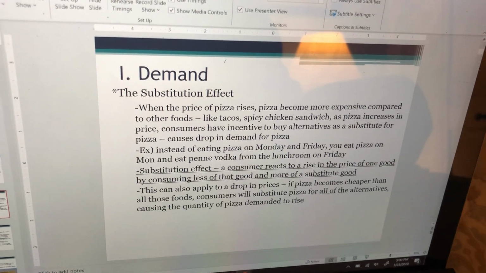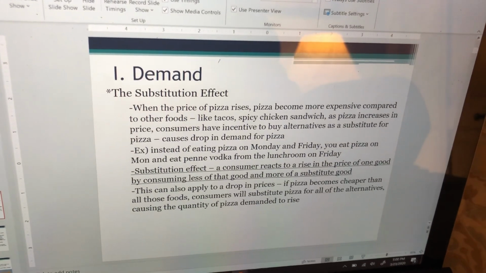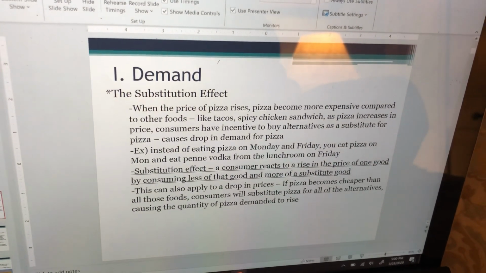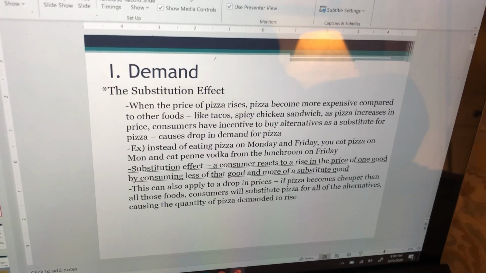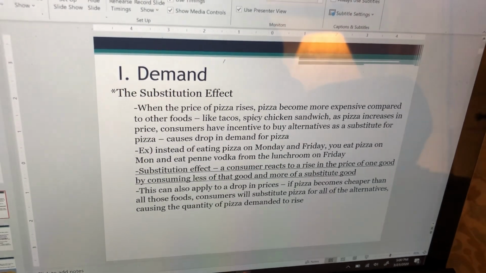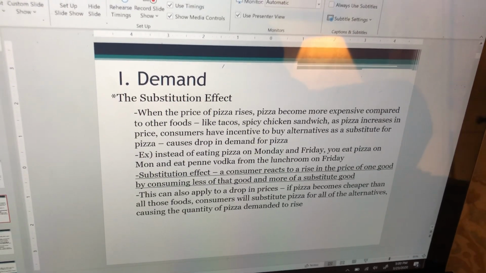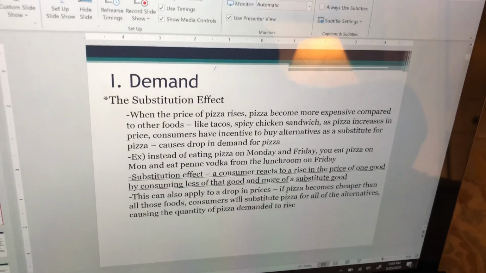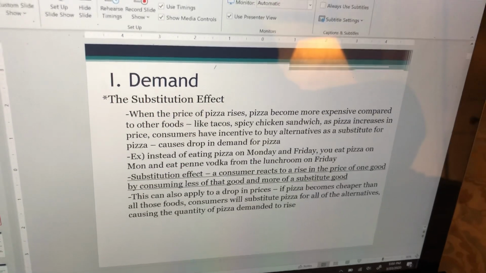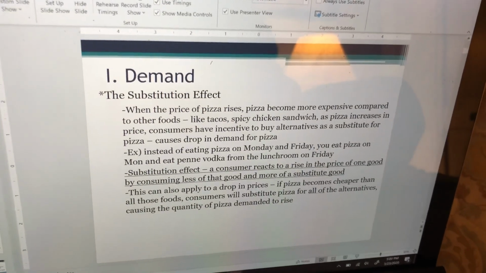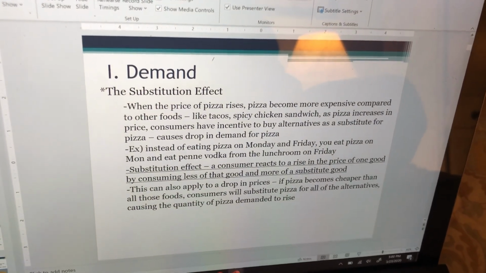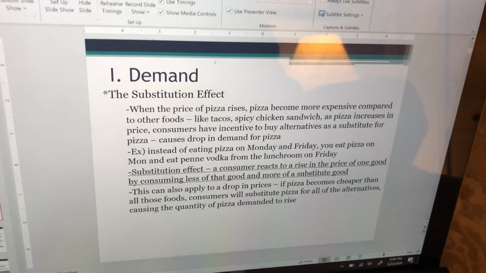If a slice of pizza was $2 and then it got raised to $3, $4, $5, say $7 a slice, more girls would stop buying pizza as it became more expensive, and they would substitute it, so there's the substitution effect, for something else, like a spicy chicken sandwich, penne vodka, whatever alternatives are available, right?